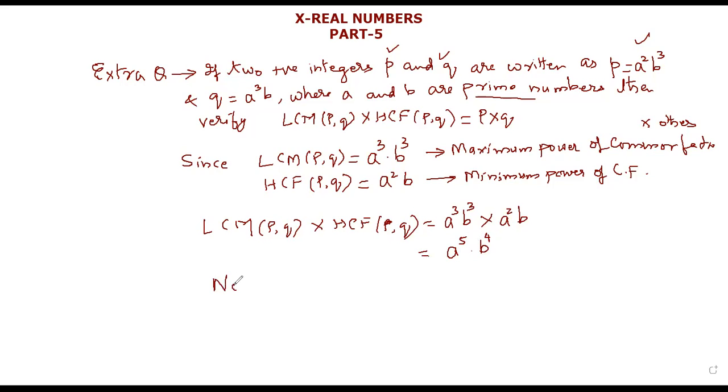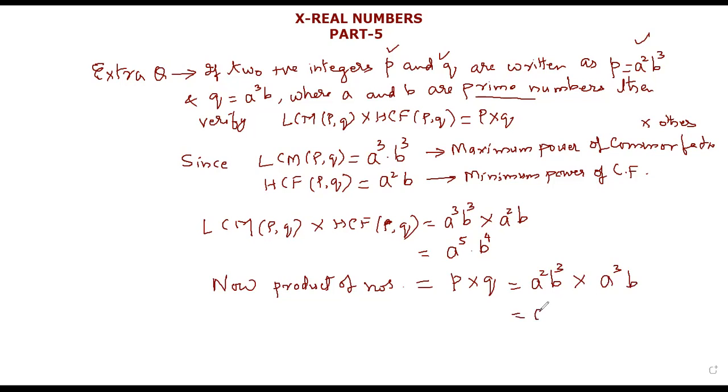Okay. Now we have to find the product of the numbers. Their product means the product of the given numbers, that is p into q. What is the value of p? It is a square b cube, multiplied with q. Q is a cube b.